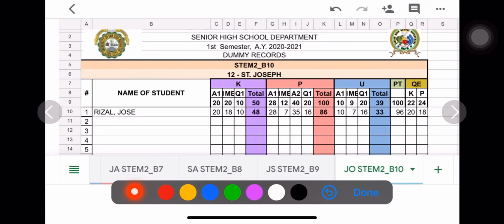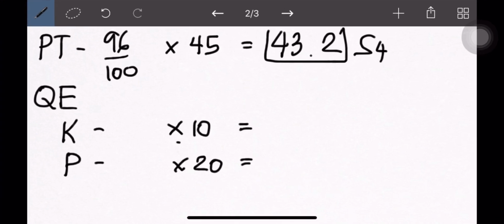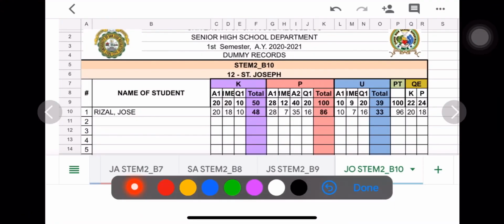Okay, and the last two items are for the quarterly exams, first quarterly exams. So the score of Rizal in the knowledge is 20, and then in process is 18. So 20 over 22, since 22 is the total, and then 18 over 24 because the total score for process is 24.